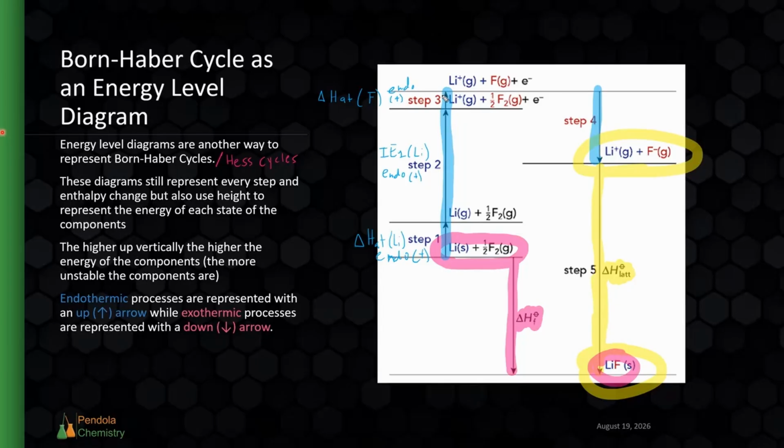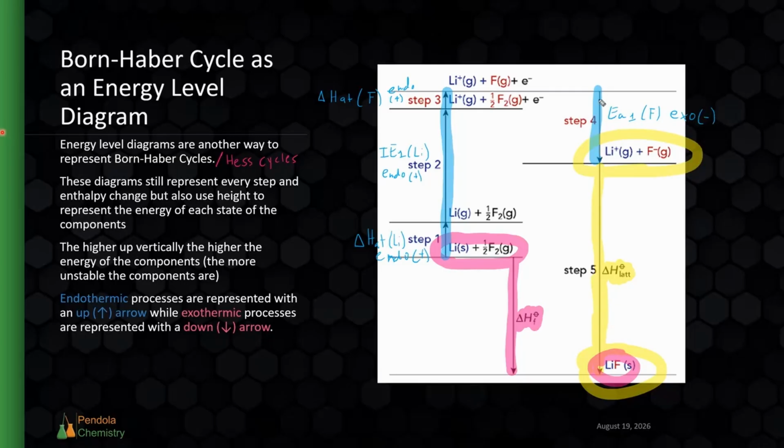It is positive. But if we look at the other three, we can see here on the right that we have the enthalpy change of electron affinity 1, or we can just call it EA1. So we have the electron affinity 1 for fluorine, where it goes from F gas to F minus, and that is exothermic.